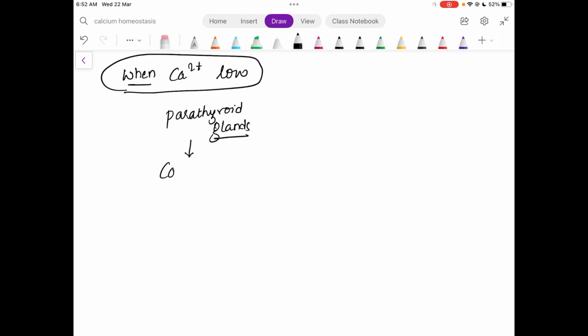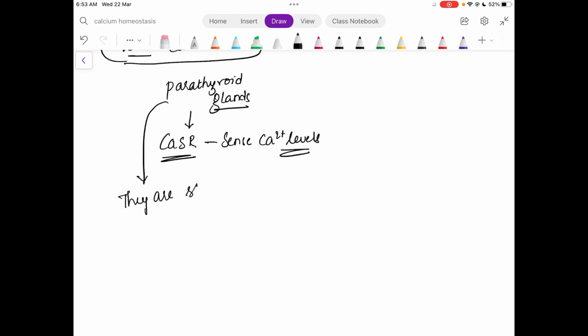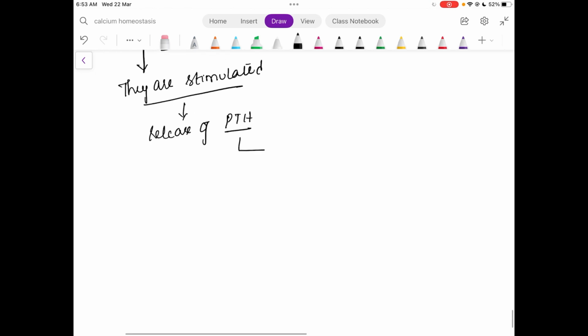These parathyroid glands have calcium sensing receptors, which will sense calcium levels. When calcium levels are low, parathyroid glands are stimulated and cause a release of PTH.